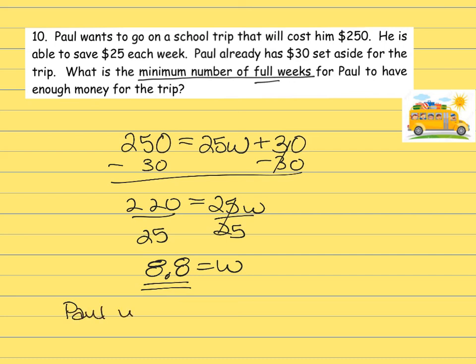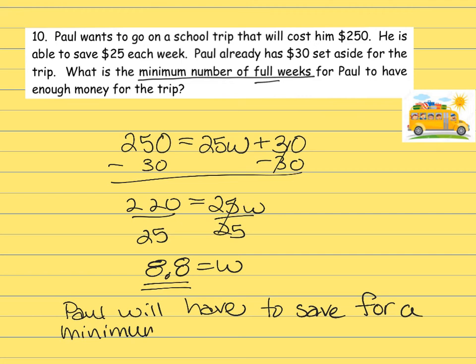So Paul will have to save for a minimum of 9 weeks. We cannot use 8 weeks because you still have that 8/10 of a week and he would not have enough money. So he has to save for at least 9 weeks.